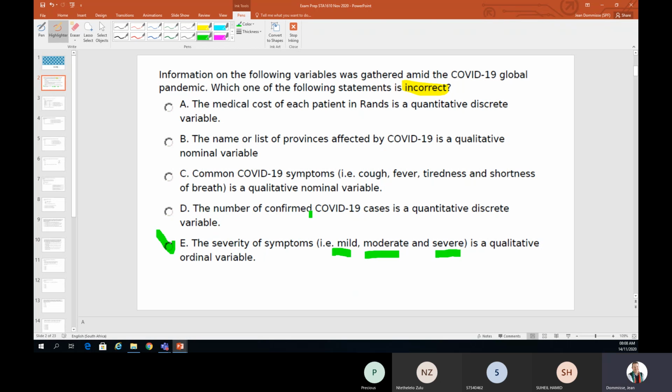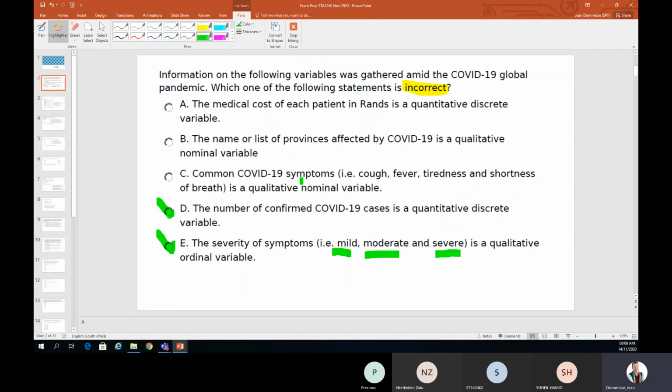The number of confirmed COVID-19 cases is a quantitative discrete variable. So it's 1, 2, 3, 4, 5, 6 cases. So that is correct.